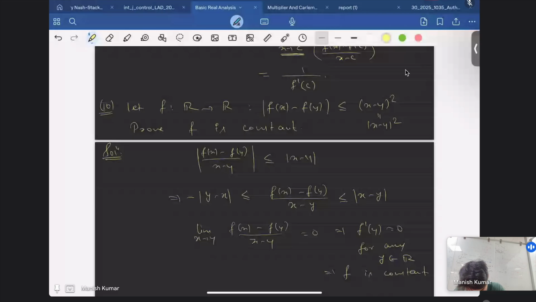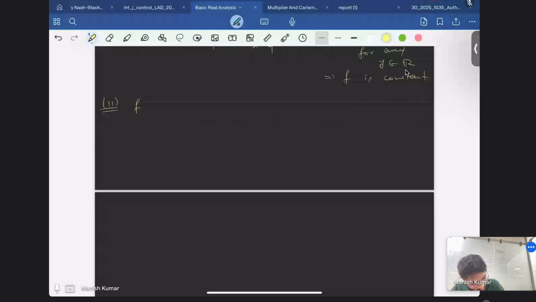Okay, let me do this one. Let f be any differentiable function. This is just an application of the mean value theorem.